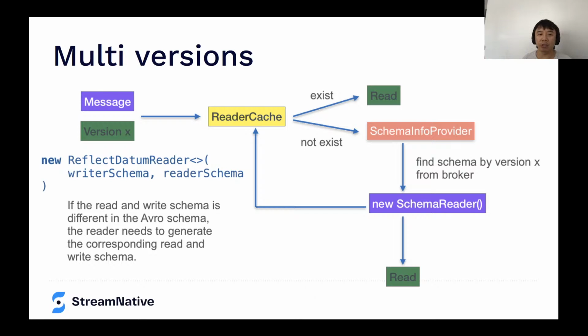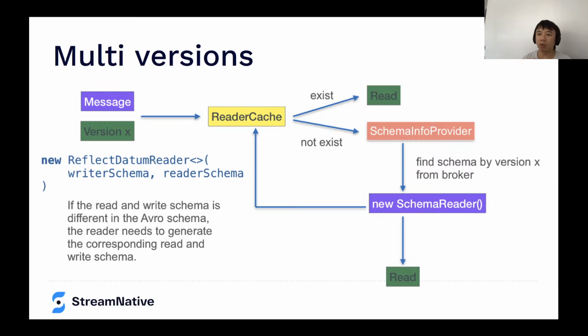As I mentioned before, on the producer side, when they produce a message, it tags the message with a schema version, and the schema version is stored as a metadata bit along with the messages. So when the reader reads these messages, the consumer actually maintains a schema reader cache. You can think of it as maintaining the whole schema information for different versions.